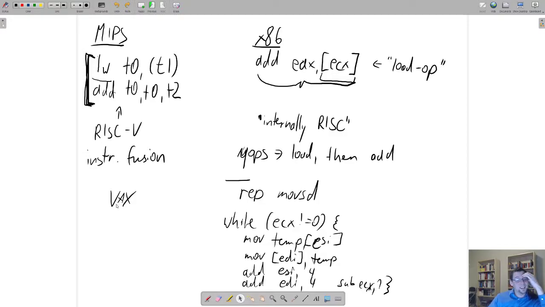So VAX has instructions that can do something like 6 memory fetches, I believe that was the number, all of which can be unaligned. And all these need to succeed at the same time for the instruction to ever complete and make progress.